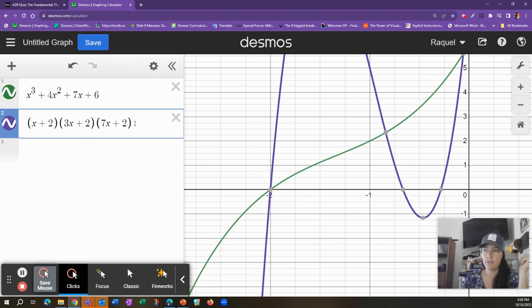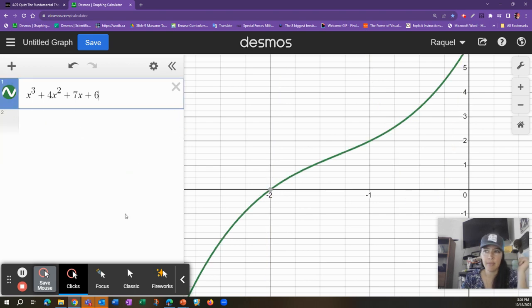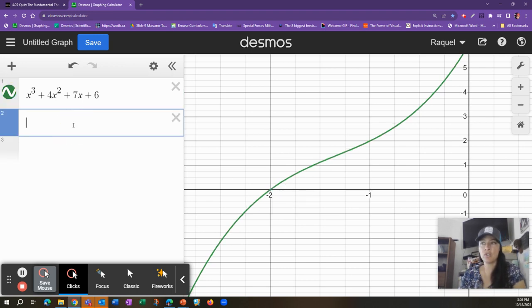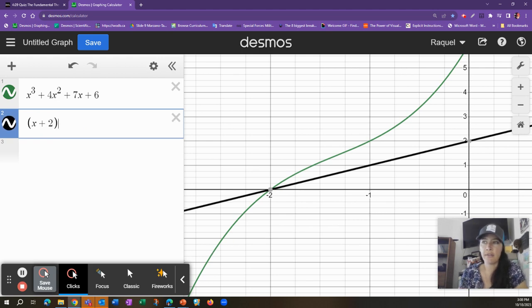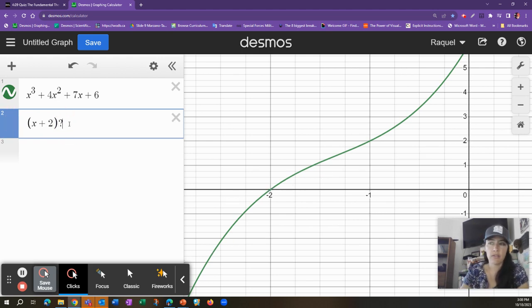Oh yeah, because they're all different now. They're not repeated. Okay, I'm getting rid of that. Let's talk about the green one. Again, that looks like it just crosses straight over. So that probably has and does have a multiplicity of 1. So we know x plus 2 is a factor, but we don't know the other ones. We've got to try to figure those out.